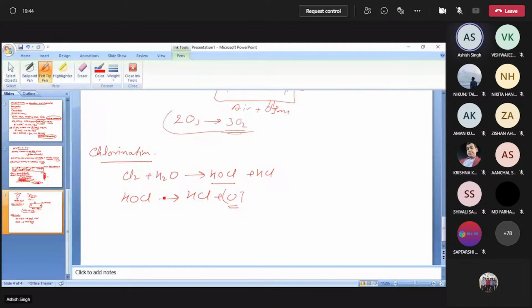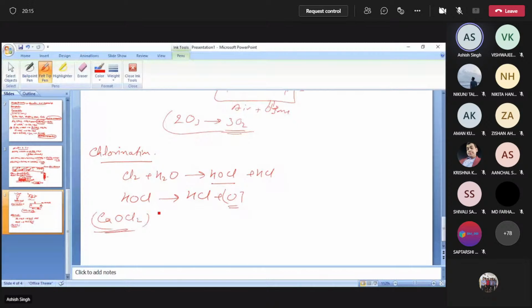Bleaching powder: in some cases we mostly use bleaching powder because it is very simple and cheap. Bleaching powder is CaOCl2. CaOCl2 plus H2O gives calcium hydroxide plus Cl2, this chlorine.